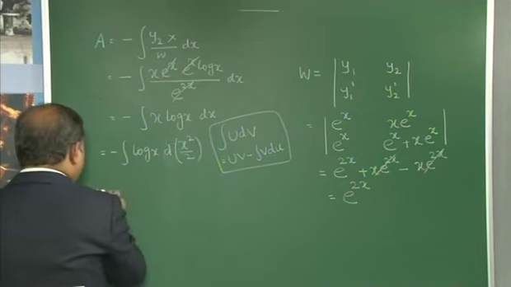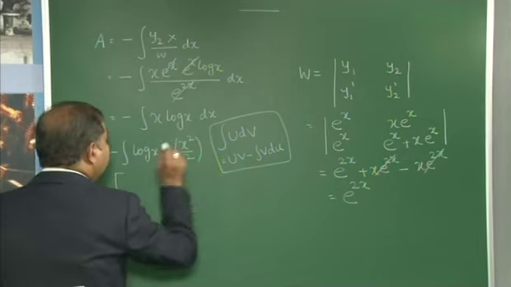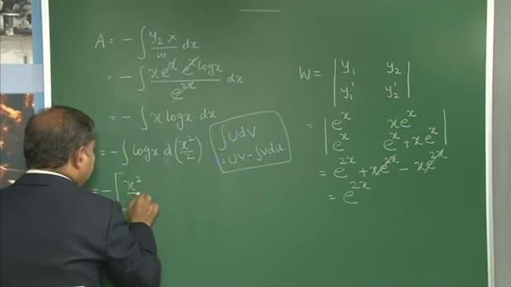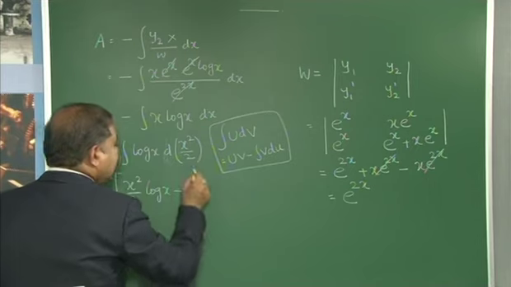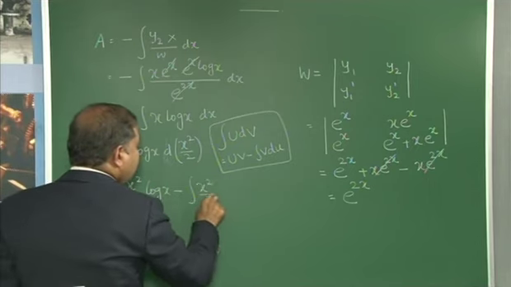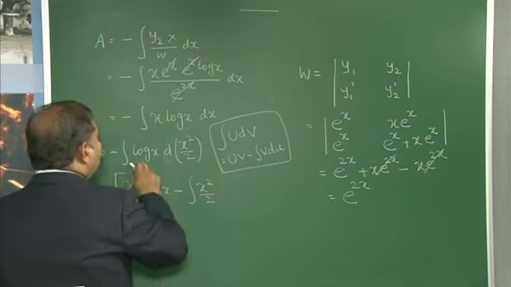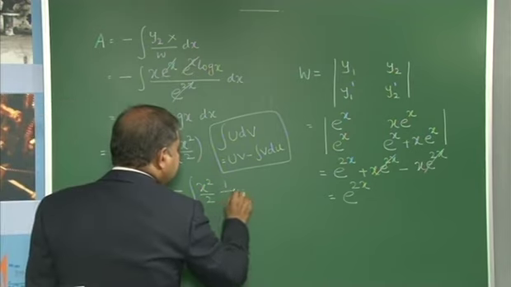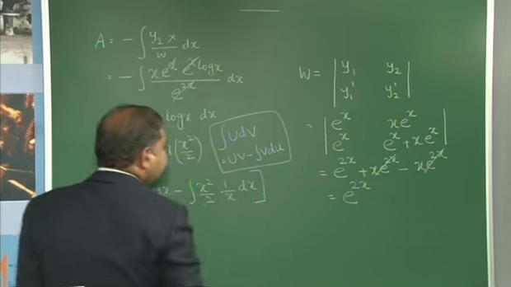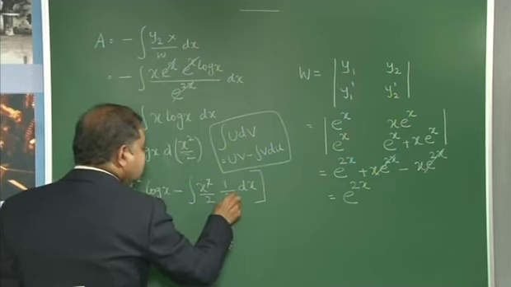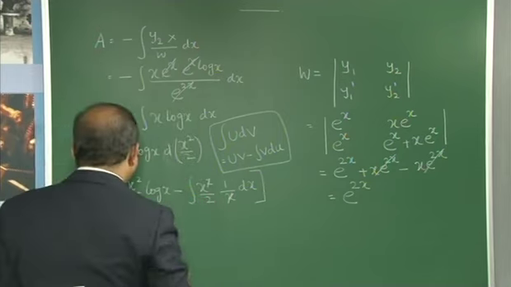Apply the formula: minus uv, which is x²/2 log x, minus integral v du, where differentiation of log x is 1/x dx. This x gets cancelled, already I have only x.